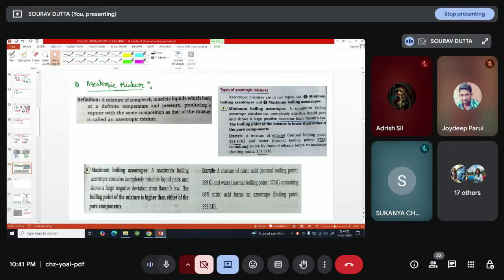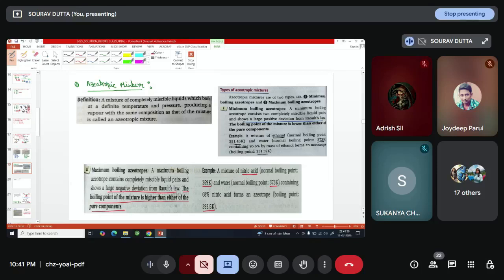Similarly, maximum boiling azeotrope is basically the solution which shows large negative deviation from Raoult's law. In this case, the boiling point of the mixture is higher than either of the pure components. If you take a mixture of nitric acid, whose normal boiling point is 359, and water, 373, at a 68% composition, then its boiling point is 393, that is greater than 359, also greater than 373.